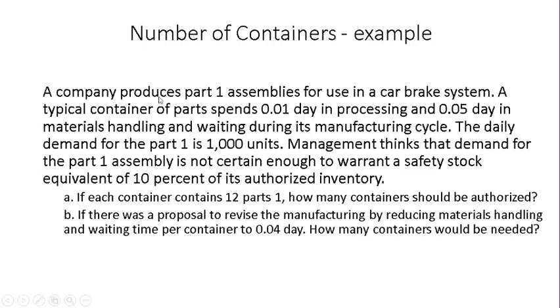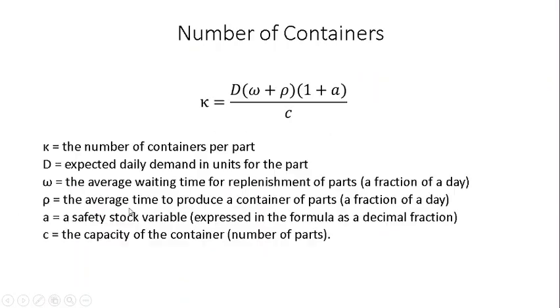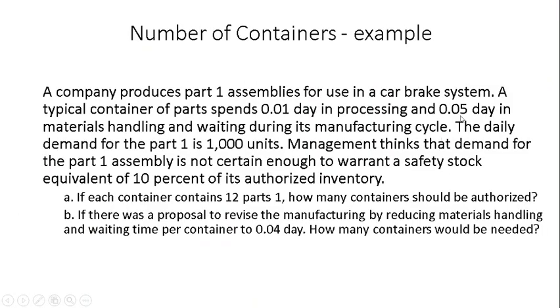A typical container spends 0.01 day, and we need to express that in a fraction of a day, in processing, which means that if I go back here, the processing is what the fabrication cell is actually spending in order to fill one container, and 0.05 day in materials handling and waiting during the manufacturing cycle.